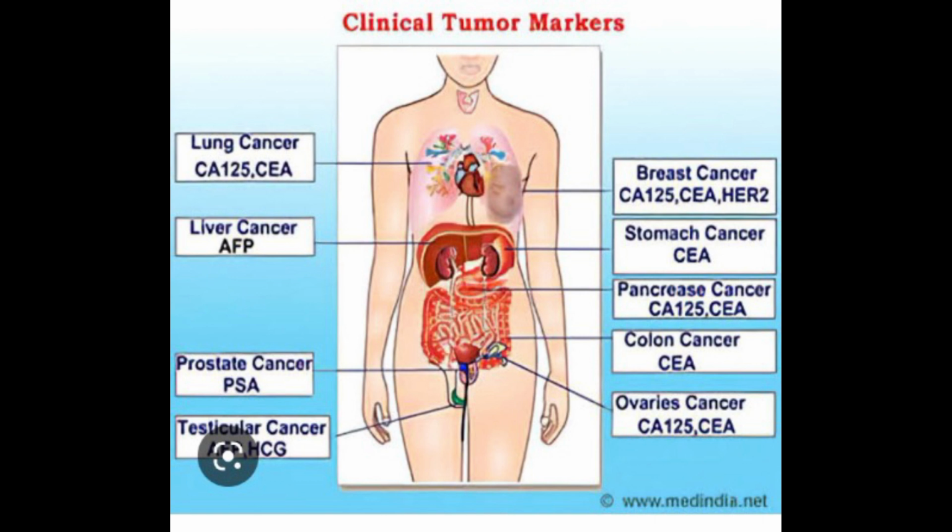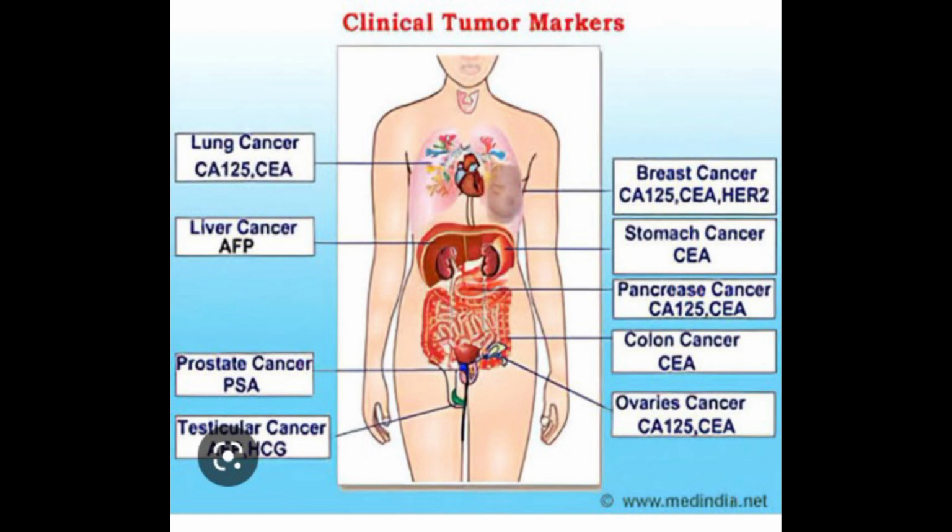Level above which benign is less than 200 units per ml. Sensitivity: elevated in about 85% of ovarian cancer, but elevation in only 50% of early stage ovarian cancer. Calcitonin, thyroid medullary carcinoma. Normal range 0.155 nanogram per ml for men, 0.105 nanogram per ml for women.